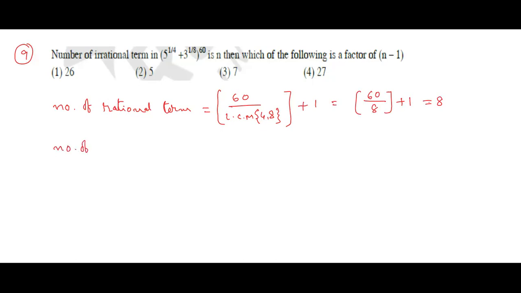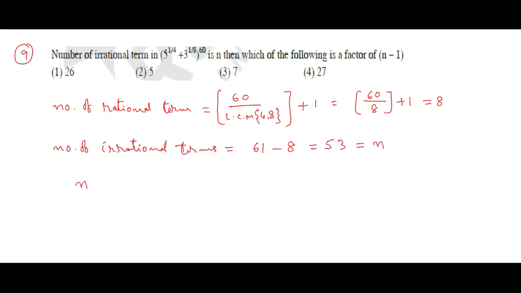Number of irrational terms. Total terms how many? 61 minus 8. That is equal to 53. Number of irrational terms is equal to 53. That is equal to n.